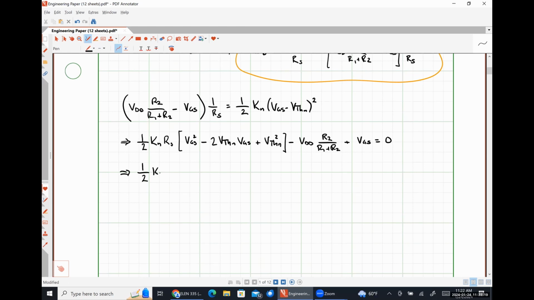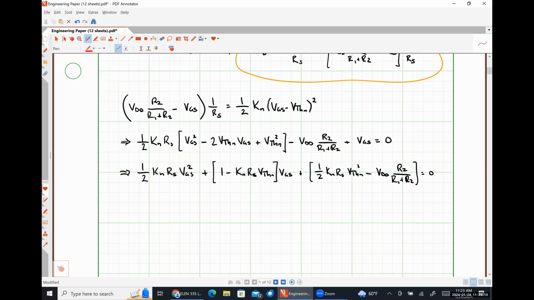So we wind up getting one half Kn times RS times VGS squared plus 1 minus Kn RS times our threshold voltage times VGS plus 1/2 Kn RS VTHN squared minus VDD times R2 over R1 plus R2 is equal to 0.